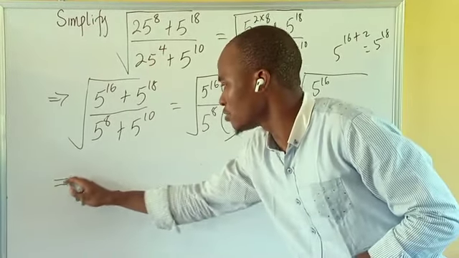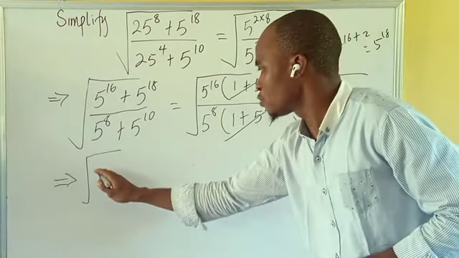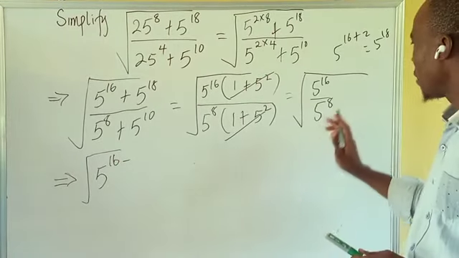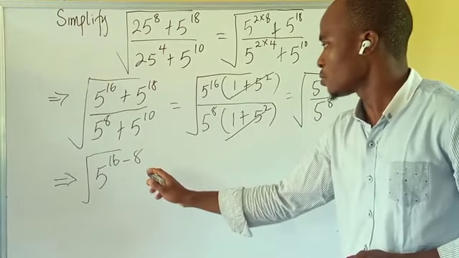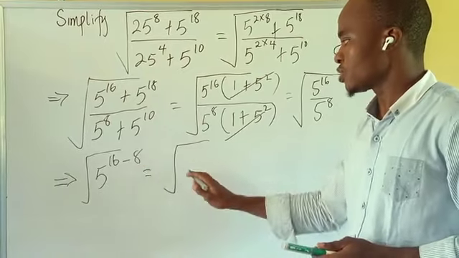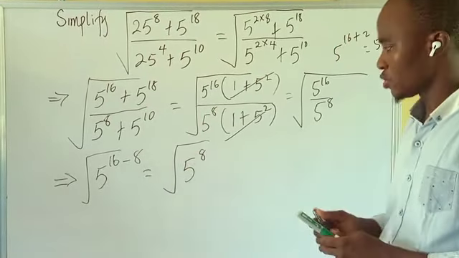So we are going to have 5 to the power 16 minus 8, which is 8. We have the square root of 5 to the power 8.